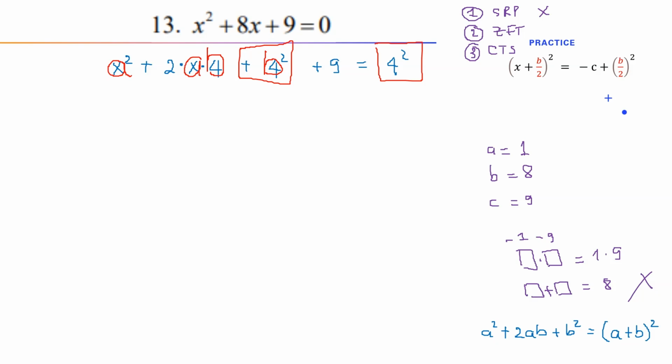So we will rewrite it as x plus 4 squared plus 9 equals 16. I subtract 9 from both sides to isolate the x plus 4 squared term. So 16 minus 9 is 7.